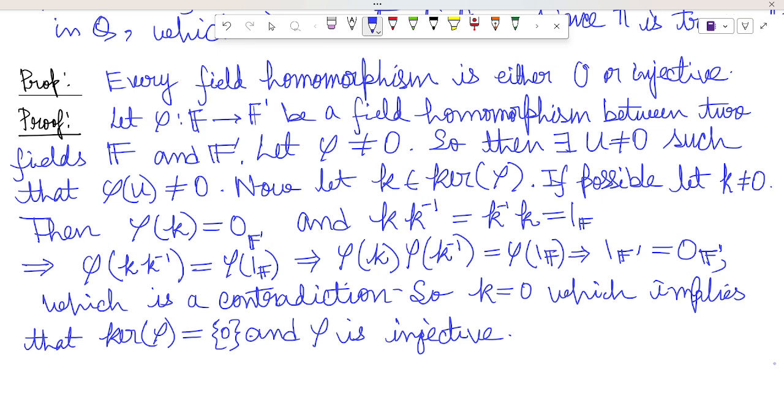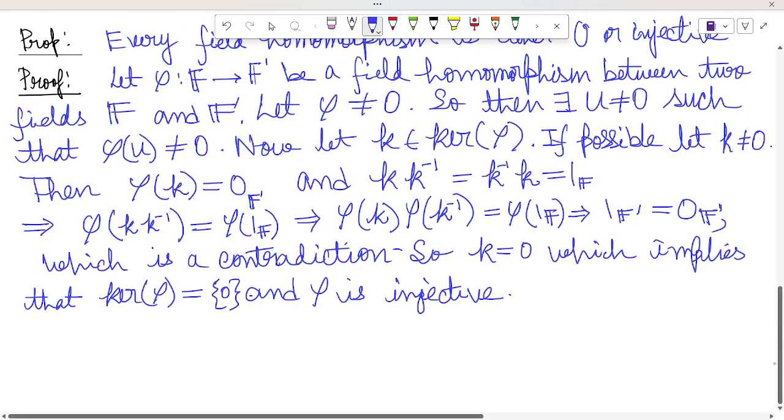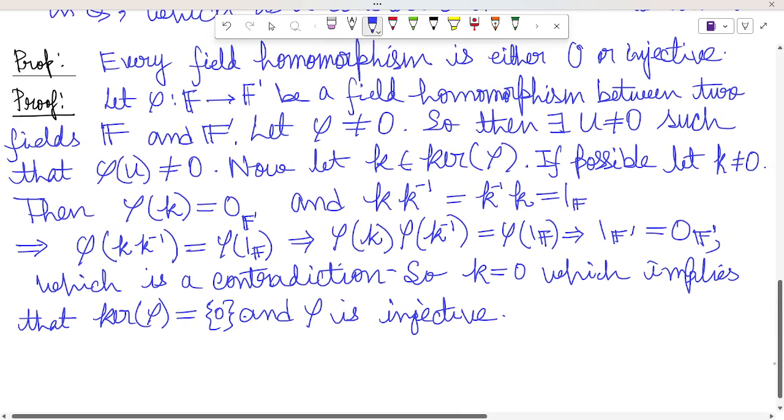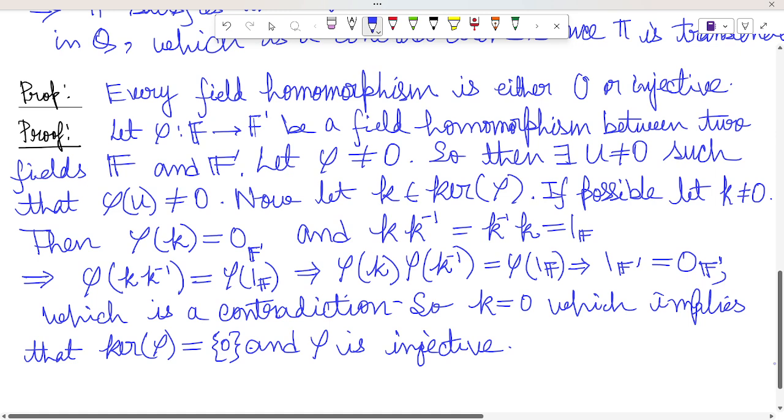I just selected an element, considered the kernel, and proved by contradiction by taking the inverse of this.